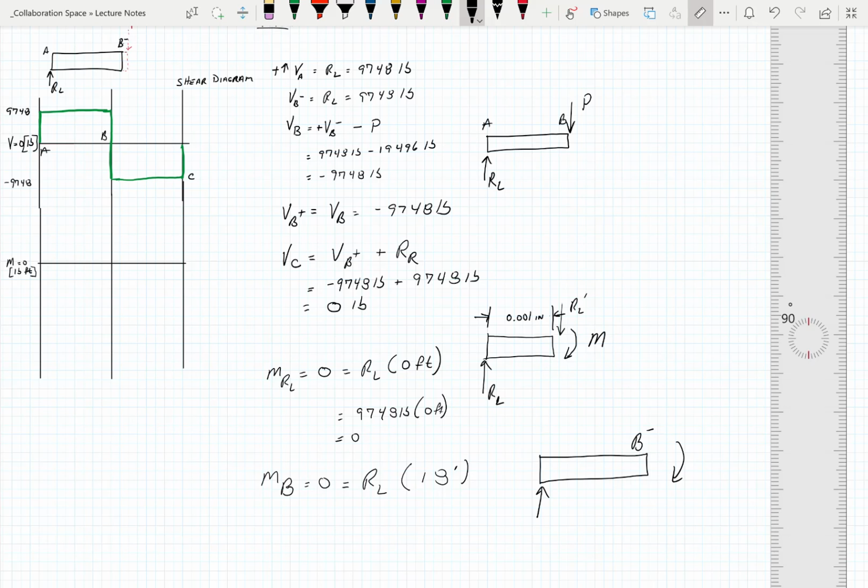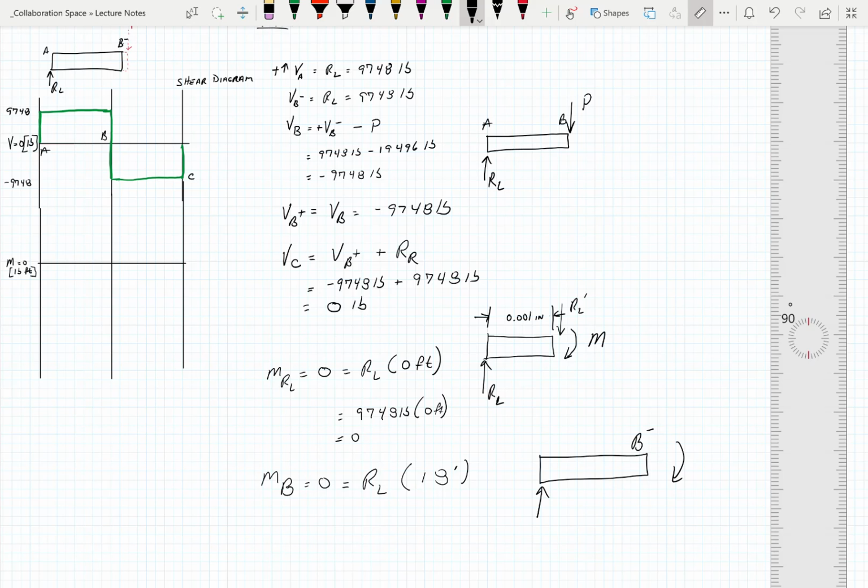And then I'm going to show you something really simple here that will make a lot of sense to you, and why we do the shear diagram. Everybody okay with just before B, I'm going to have the RL as my force times 18 feet, 17.999999999 just before that slice.